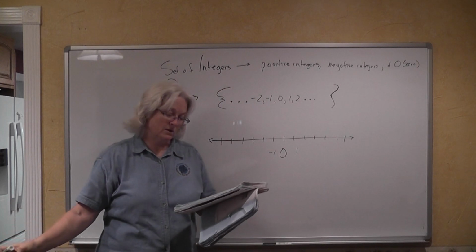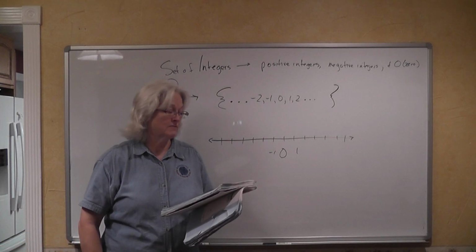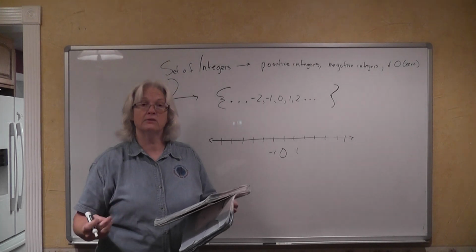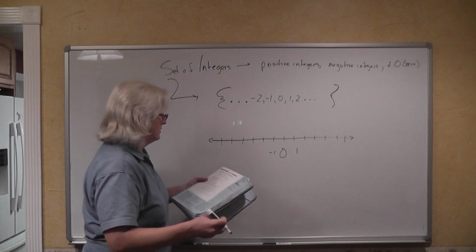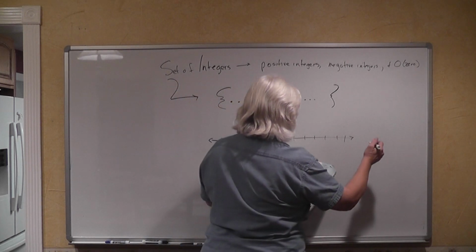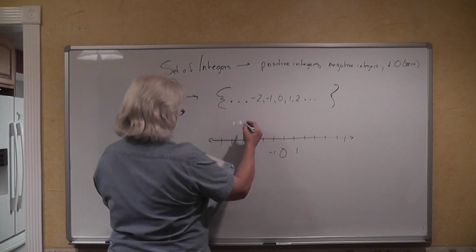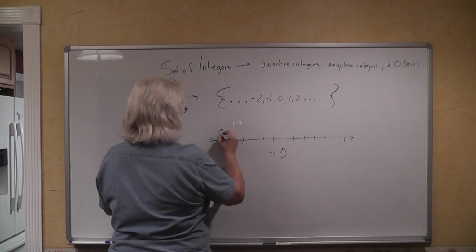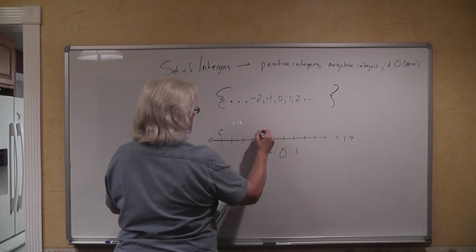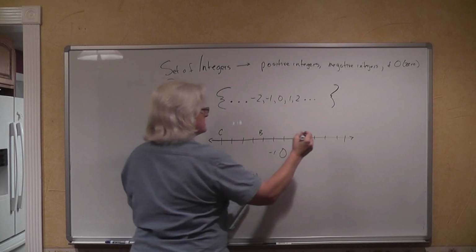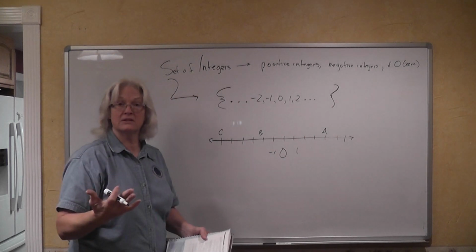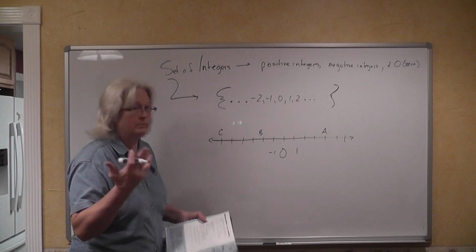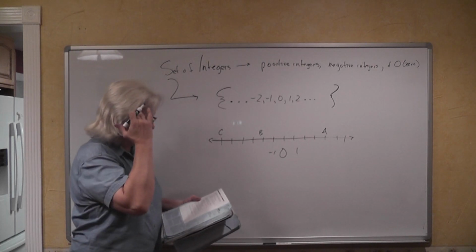Example number 1 on page 111 says, write the integers for points A, B, and C on the number line. And here we're just going to say that this one is C and this one is B and this one right here is A. And this is not going to exactly match your book because I made these numbers up randomly.